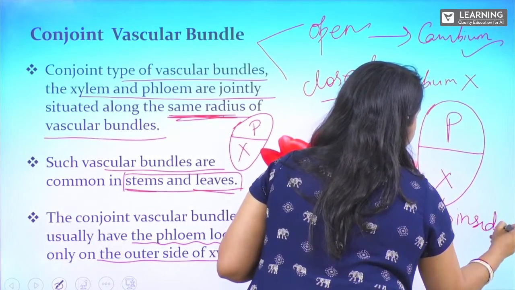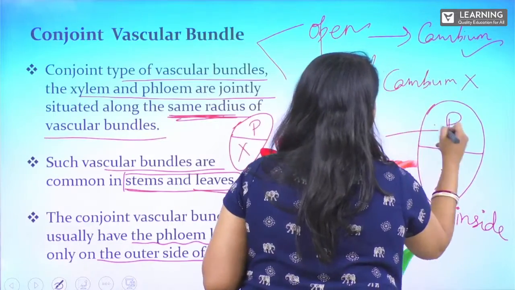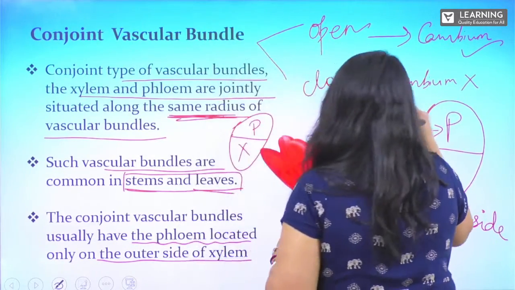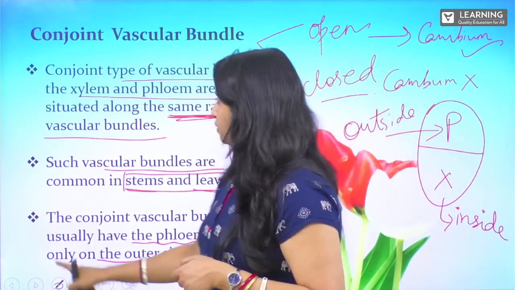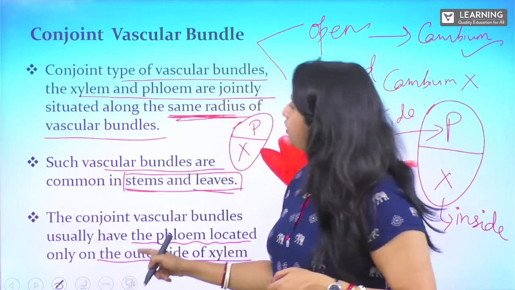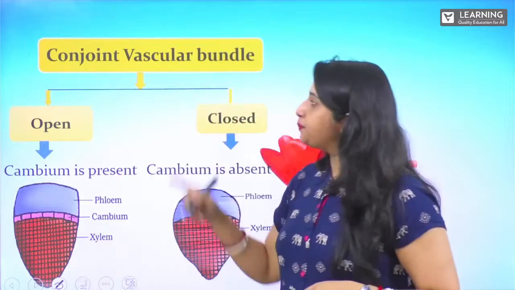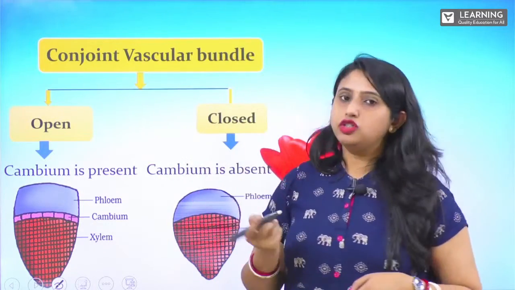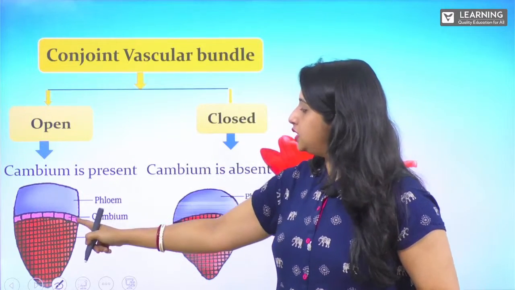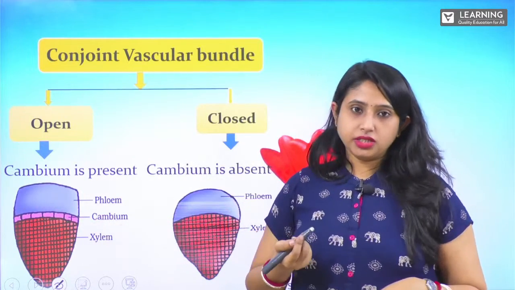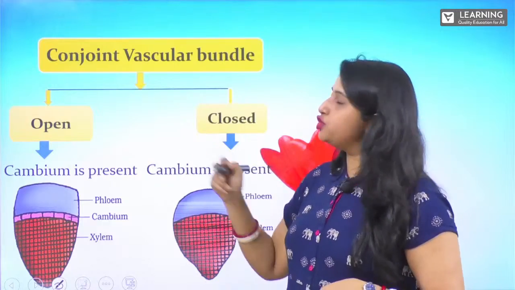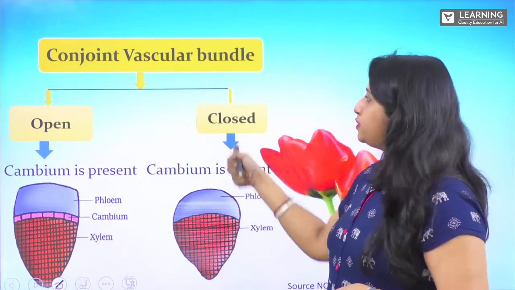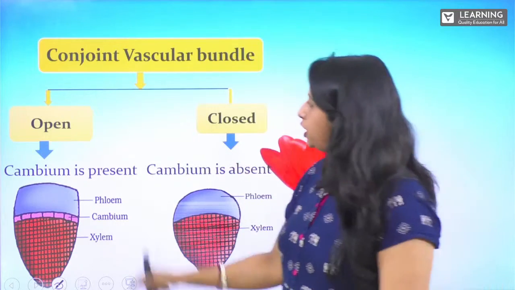The phloem will be outside of the xylem. So this is all about your conjoint vascular bundle. As you can see, this is clearly given, right? Open and closed, there are two types. Cambium is present in open conjoint vascular bundle, whereas in the diagram cambium is absent in closed. So it is divided into two types.